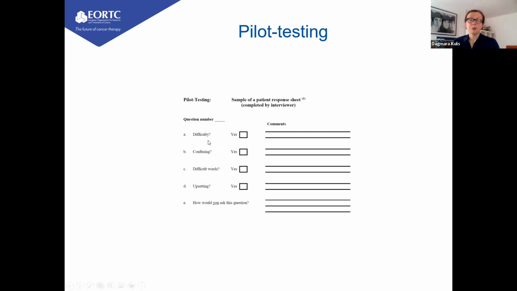So they can comment about any difficult words, about any problems that they experienced when they were filling in the questionnaire, about any upsetting items. So they can just comment about anything that is related to the meaning and the wording of the questionnaire.